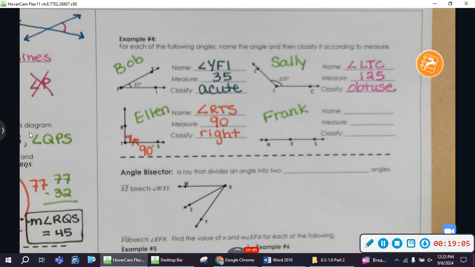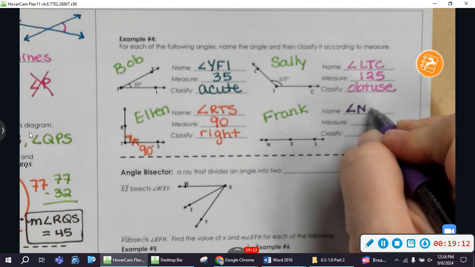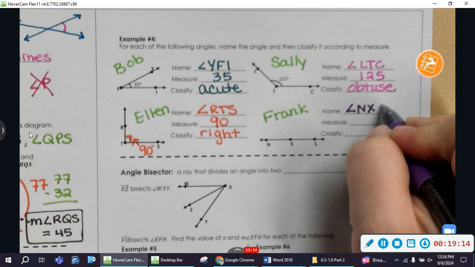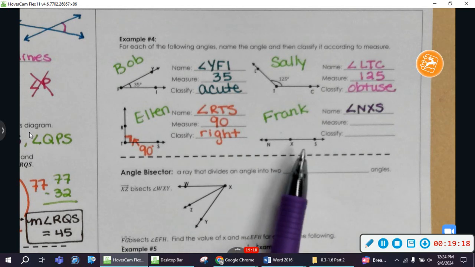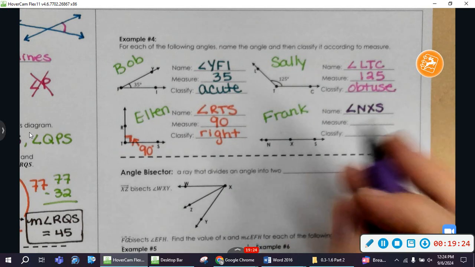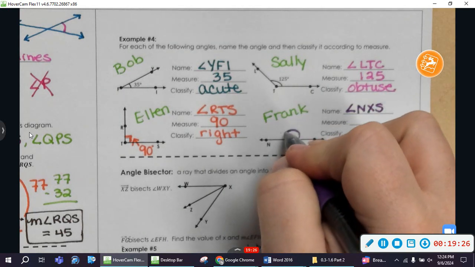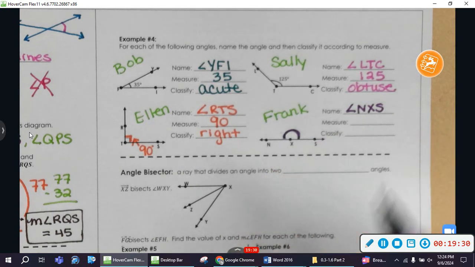Then last we have Frank. Frank, his name is angle NXS or angle SXN. In this case, I probably wouldn't call it angle X. I mean, I guess you could, but since it's a straight angle, it's a straight line, I can see how that would probably make our brain hurt a little bit.